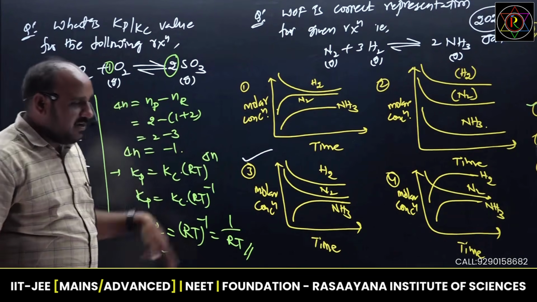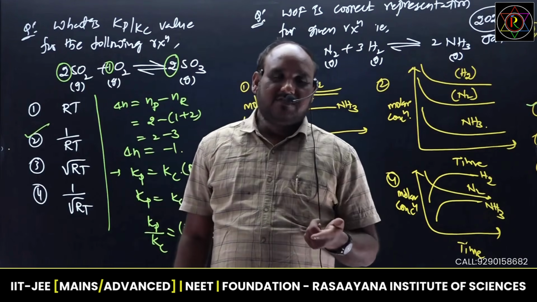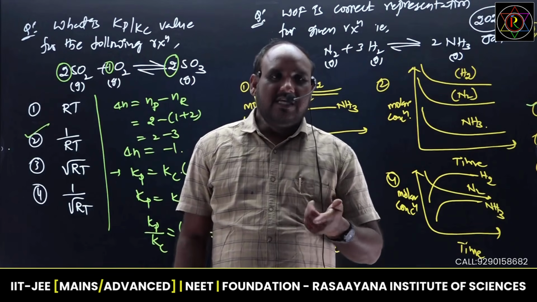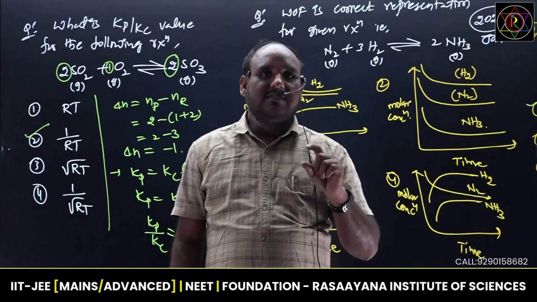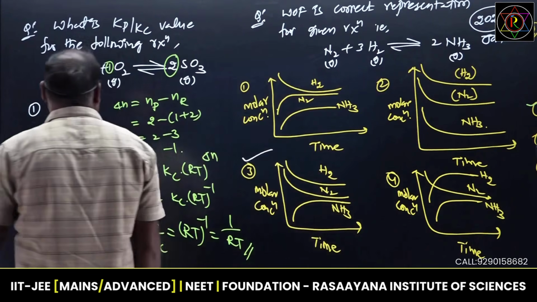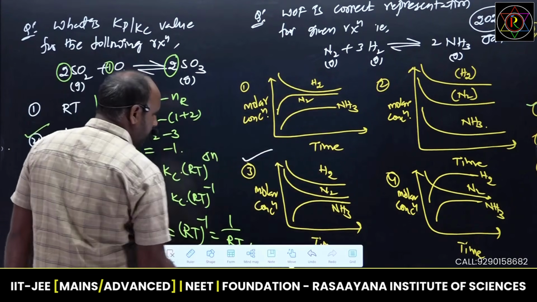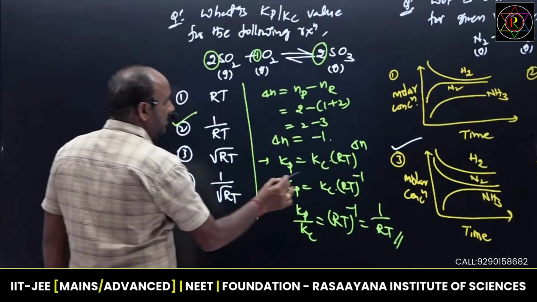Why do we study the equilibrium concept? It explains the characteristics of the equilibrium constants. So what are those characteristics of equilibrium? Let us discuss. These are previous years' questions covered.